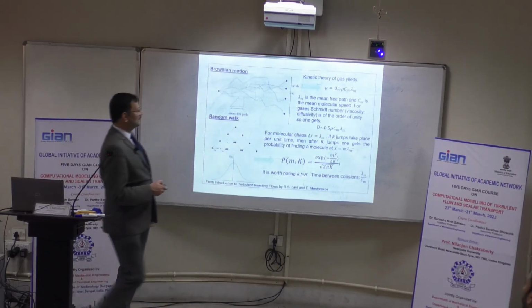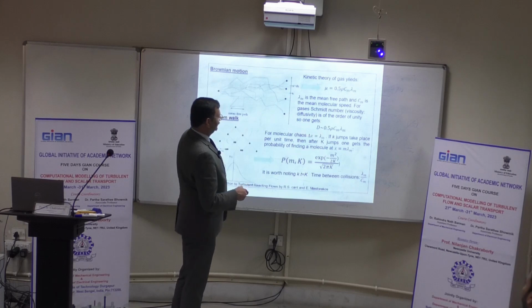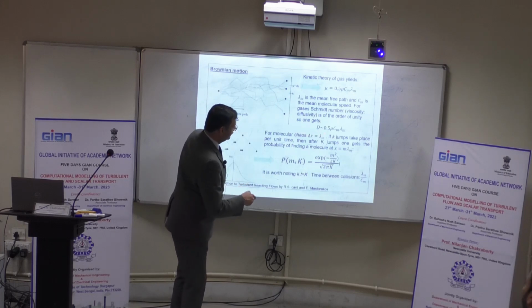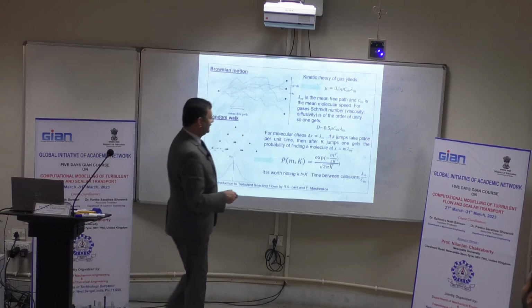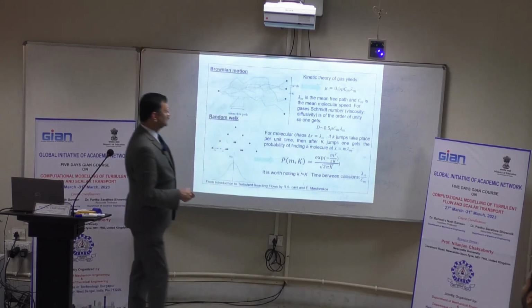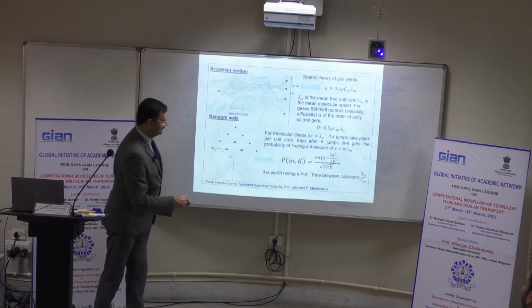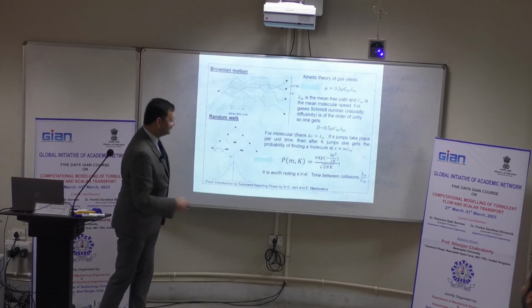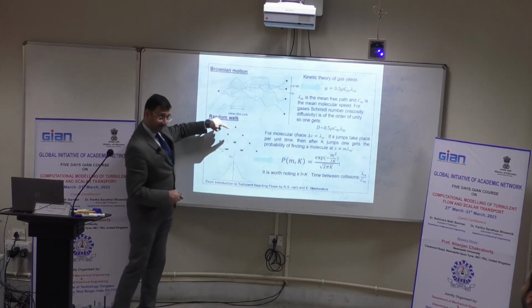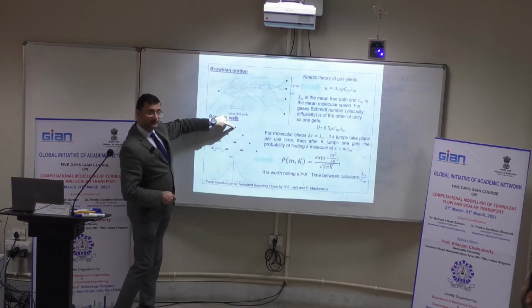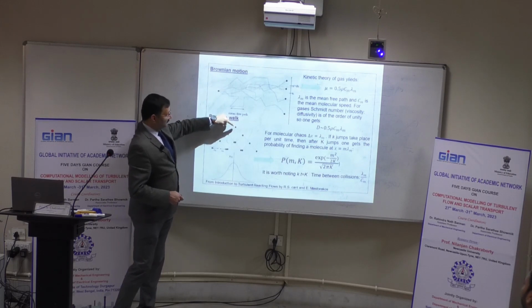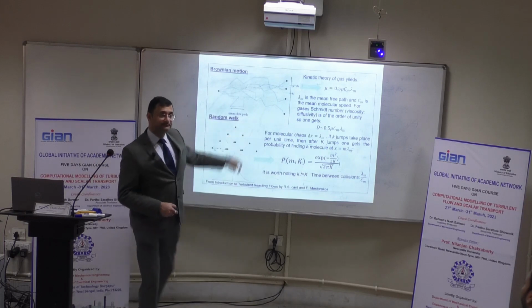So, for molecular chaos, let's say delta X is a mean free path. If k jumps take place per unit time, after k jumps, one gets the probability of finding a molecule here, which is given by this. So effectively, this is the random walk. If this is the molecule to begin with, there's almost equal probability that it can go either here or there.